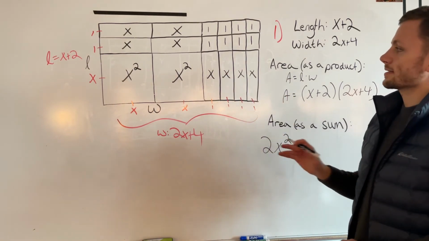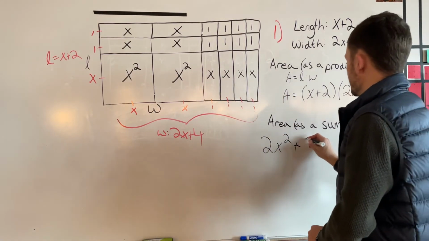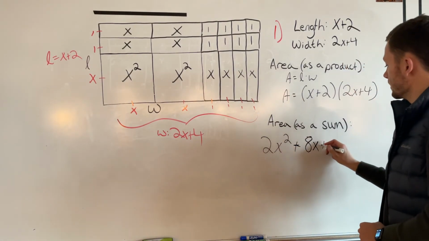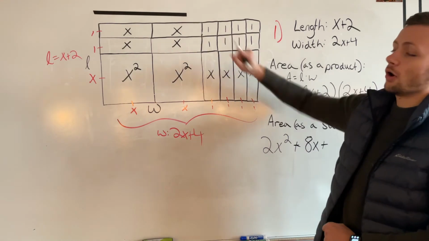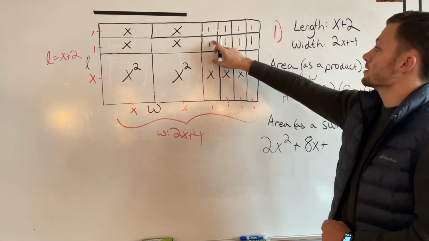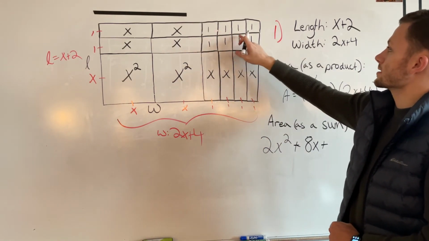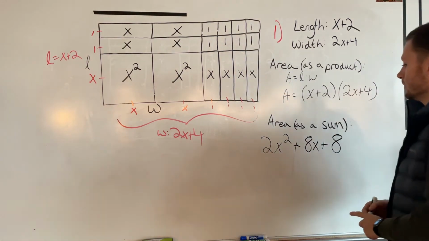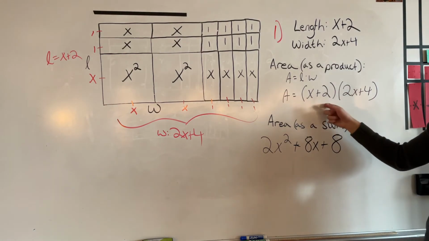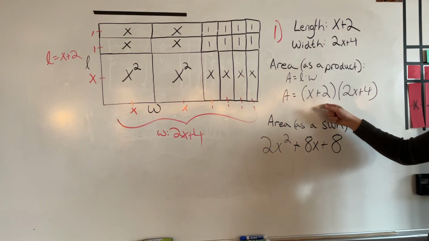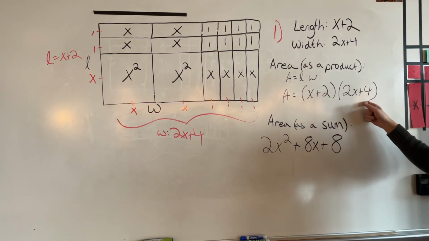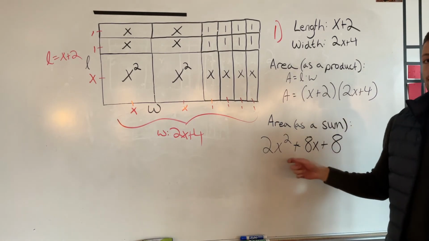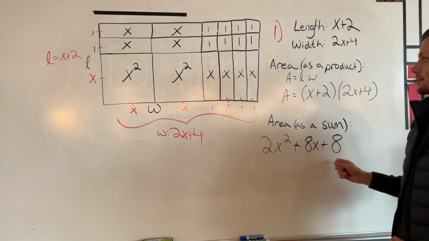So I've got 2x squared plus 8x so far, plus I have yet to count all of my unit tiles, and I've got 1, 2, 3, 4, 5, 6, 7, 8. So my area as a product is x plus 2 times 2x plus 4. And my area as a sum is 2x squared plus 8x plus 8.